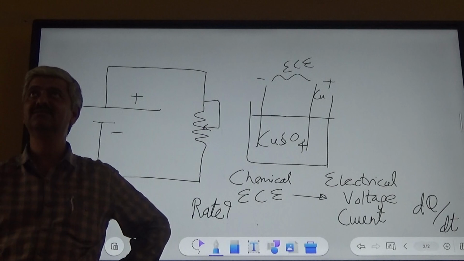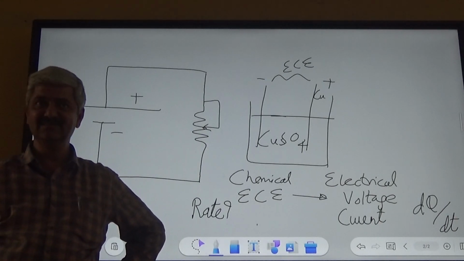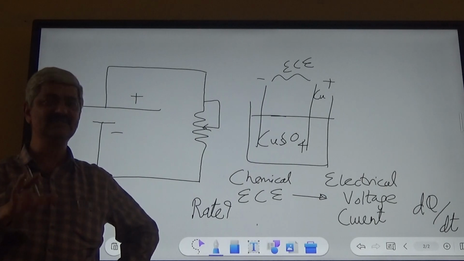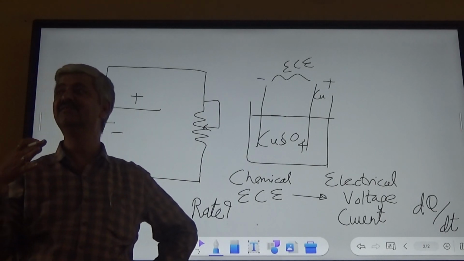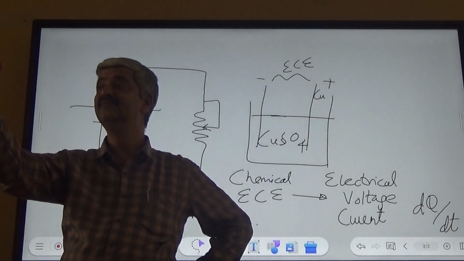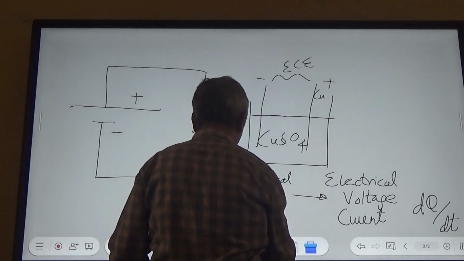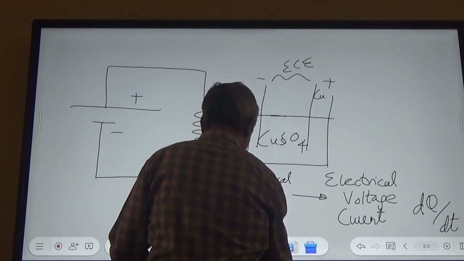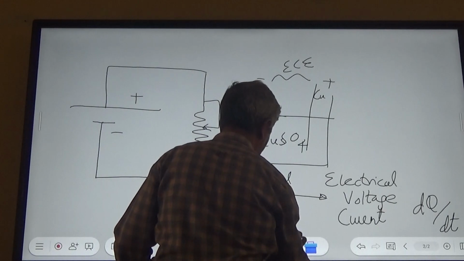Electrolysis is not it, it is the reverse process. See, it's very simple actually. Rate of chemical reaction. He was not sure, so he was hesitating. Rate of chemical reaction.